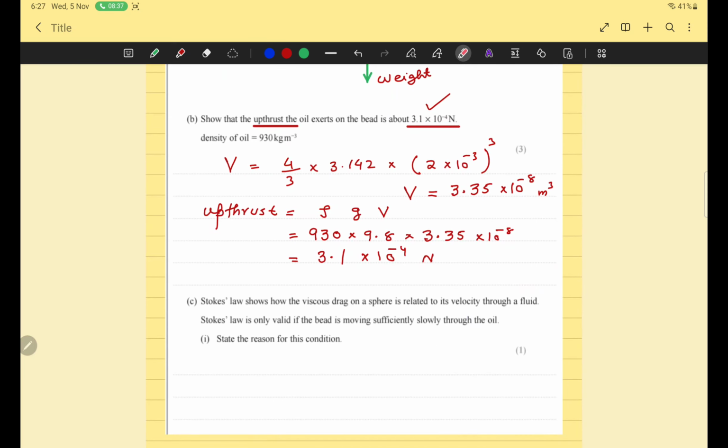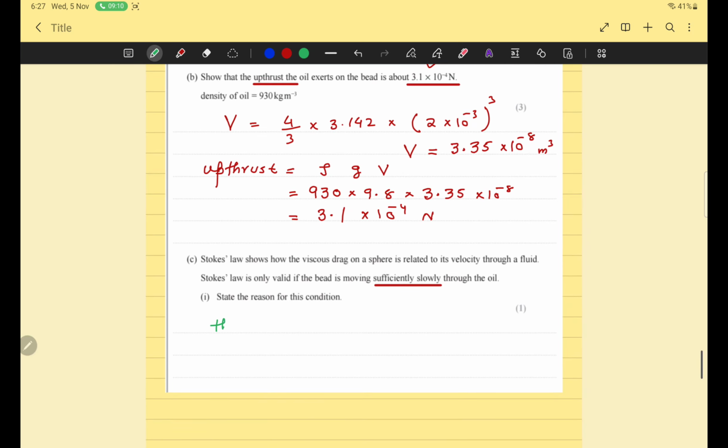And now the next part is that Stokes law shows how the viscous drag on a sphere is related to its velocity through a fluid. Stokes law is only valid if the bead is moving sufficiently slowly through the oil. The question is why the speed should be slow, and it is a 1 mark question. The answer is, if the object moves slowly, then the flow will be laminar.